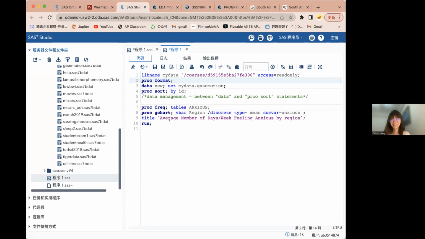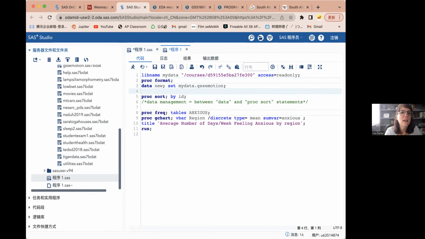So go to line number 4, skip a line. You're going to put a line of code between data and proc sort. Hit enter.